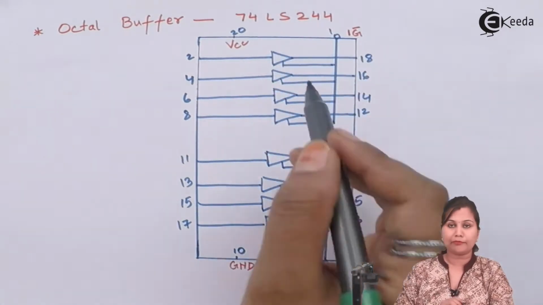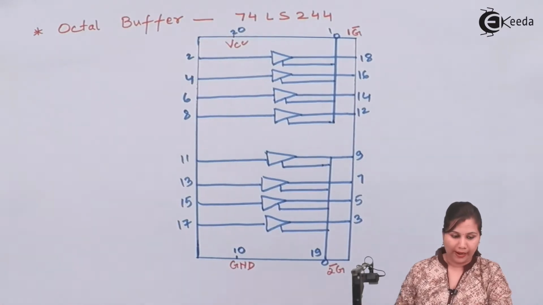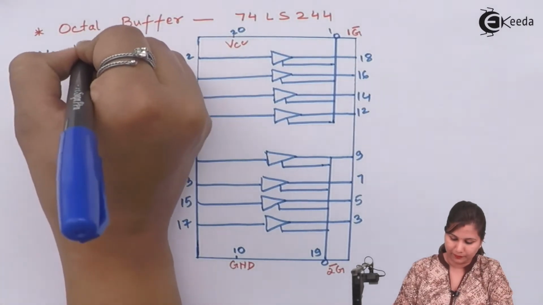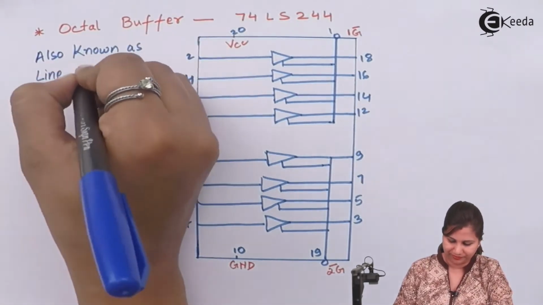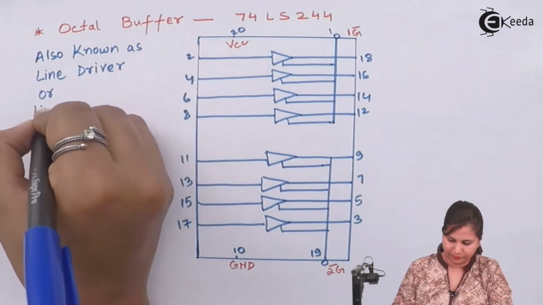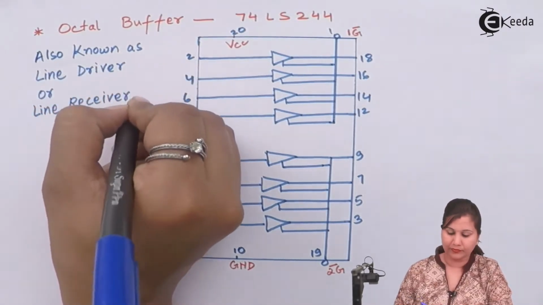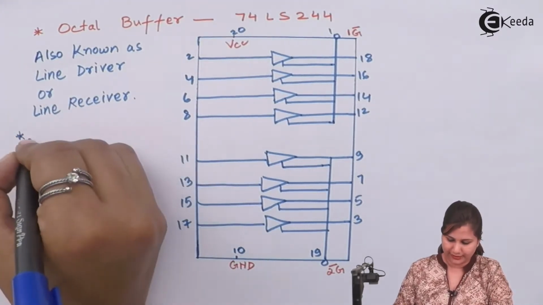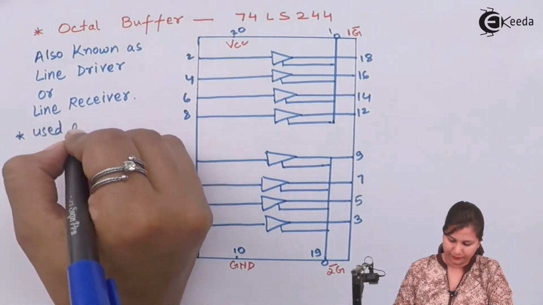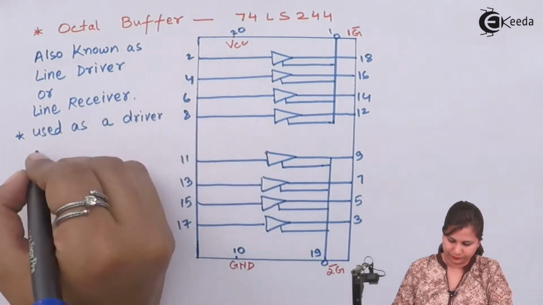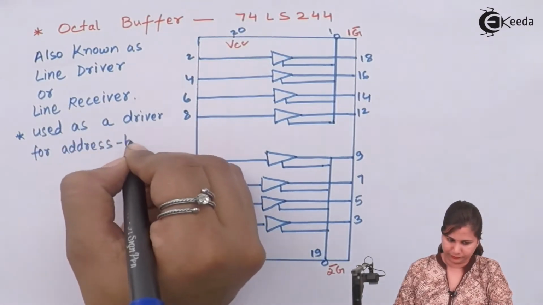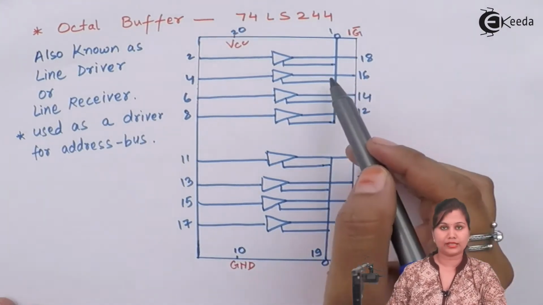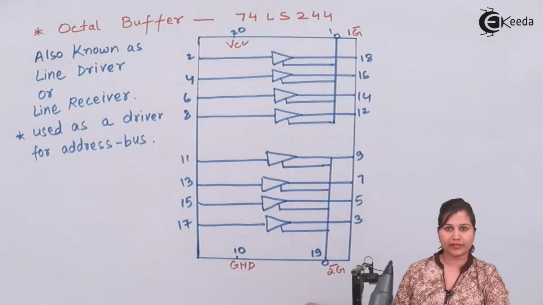This is the pin diagram for this octal buffer, and this buffer is also known as a line driver or line receiver, and it is commonly used as a driver for the address bus.